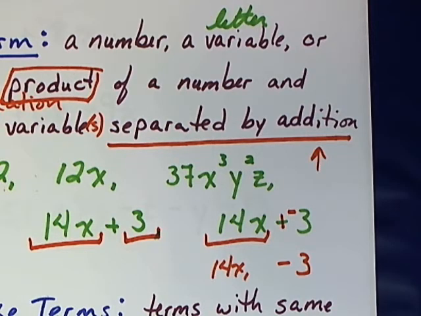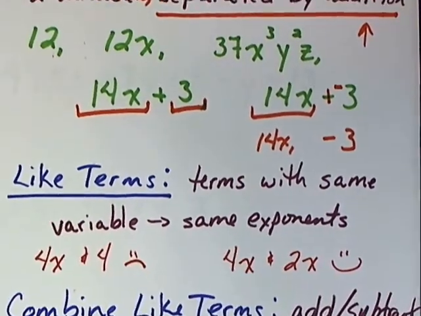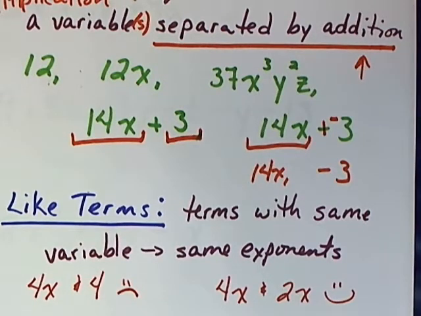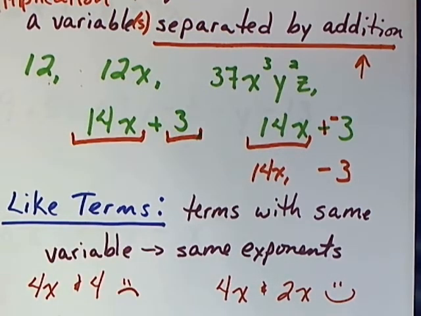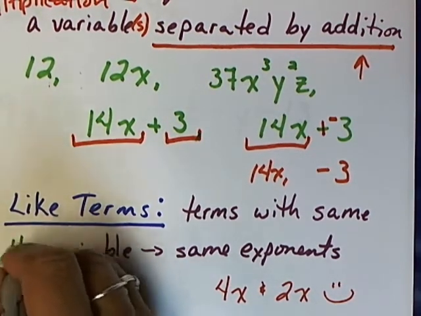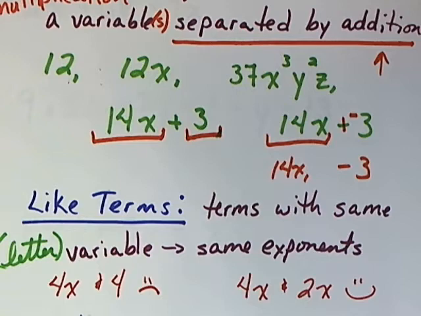Well, if I have 14x minus 3, why don't I get 11x? I don't get 11x because those two terms are not what we call like terms. Like terms are terms that have the same variable or letter, and the letter has to be raised to the same exponent or power.